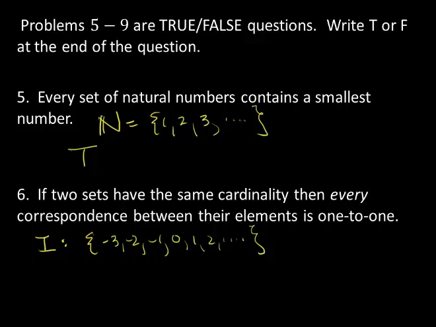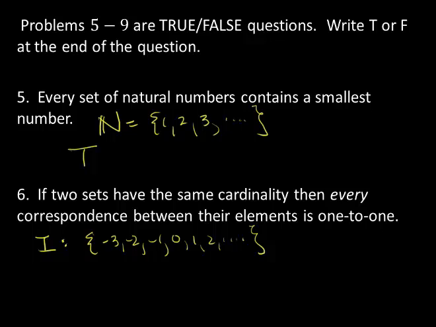Any list creates a one-to-one correspondence between the natural numbers and the numbers on the list. So certainly this is a correspondence between the integers and the natural numbers, but all the integers are not on the list.